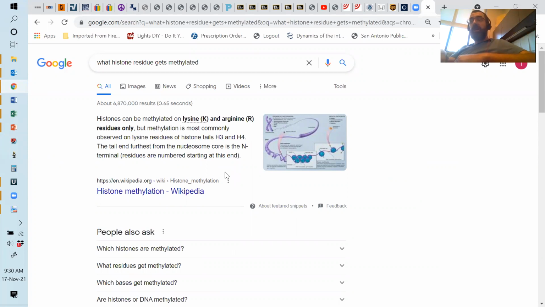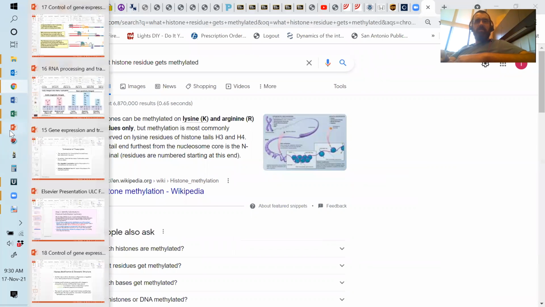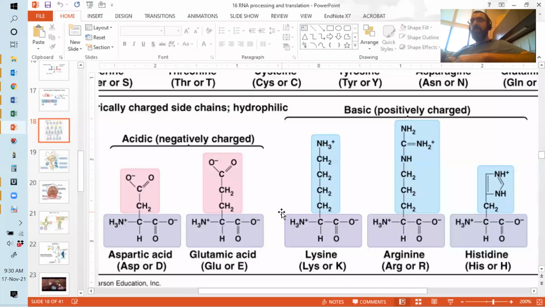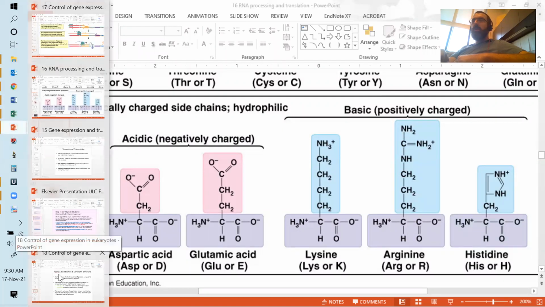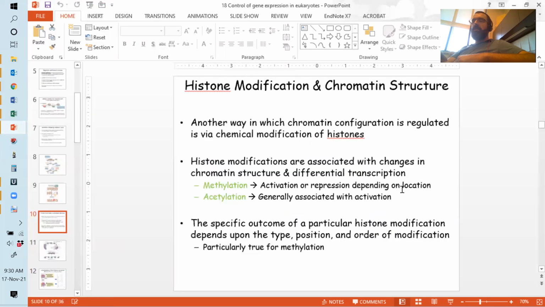So that can also happen on lysines and also on arginines. Arginine is also positive. Look at that. Learn something new every day, as they say. Cool.